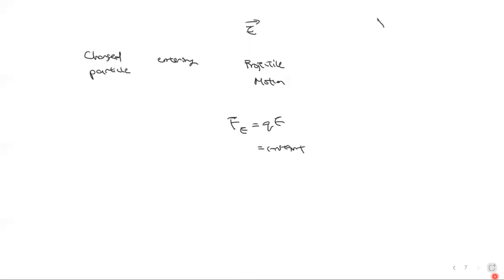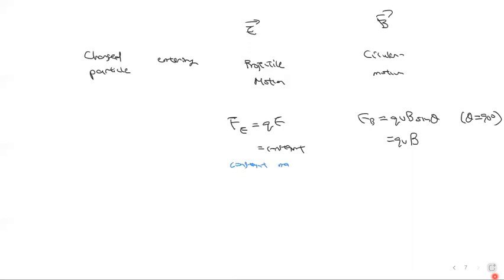If you enter a magnetic field, then it will undergo circular motion, because F_B equals qvB sin theta. Usually theta equals 90 for our questions. So it's constant magnitude, but for an electric field, it's constant direction.